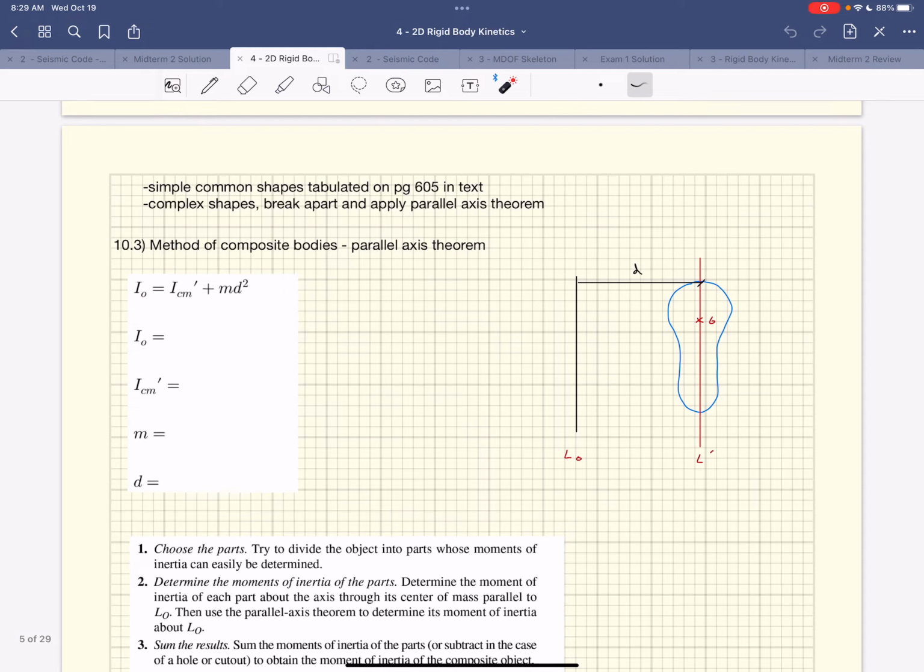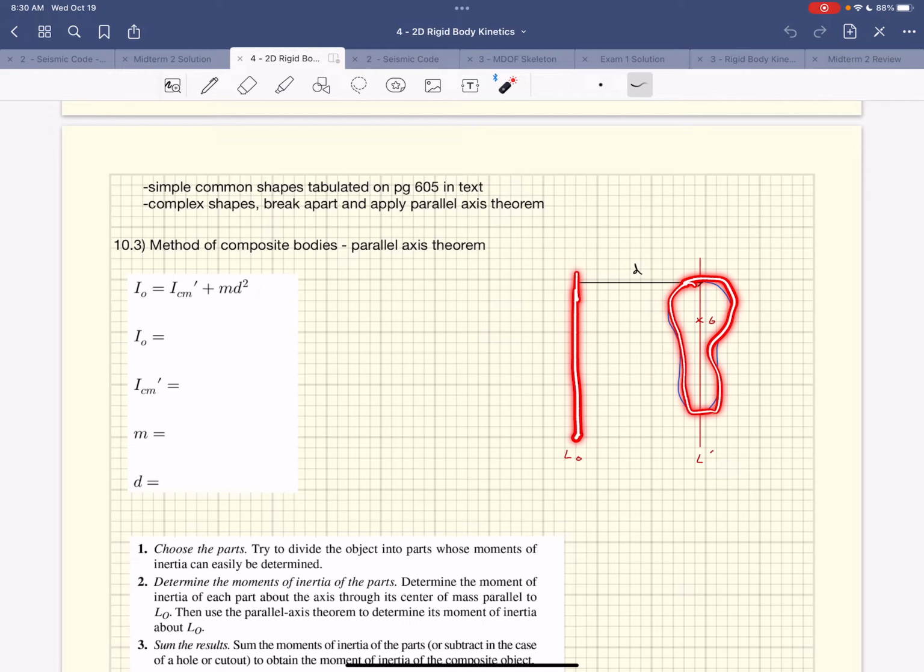The way that this works is here's a blob off to the side, some shape, and it has a centroid, and if I know the moment of inertia about that centroid, can I then get the moment of inertia of this blob about this axis instead?